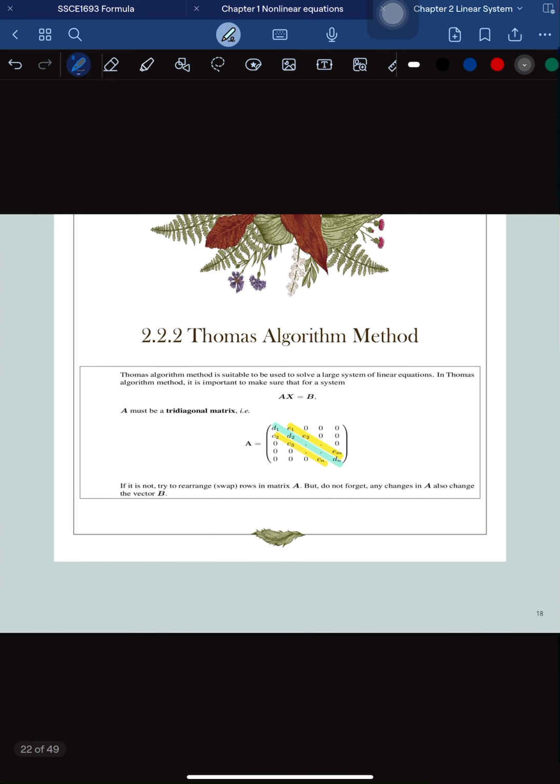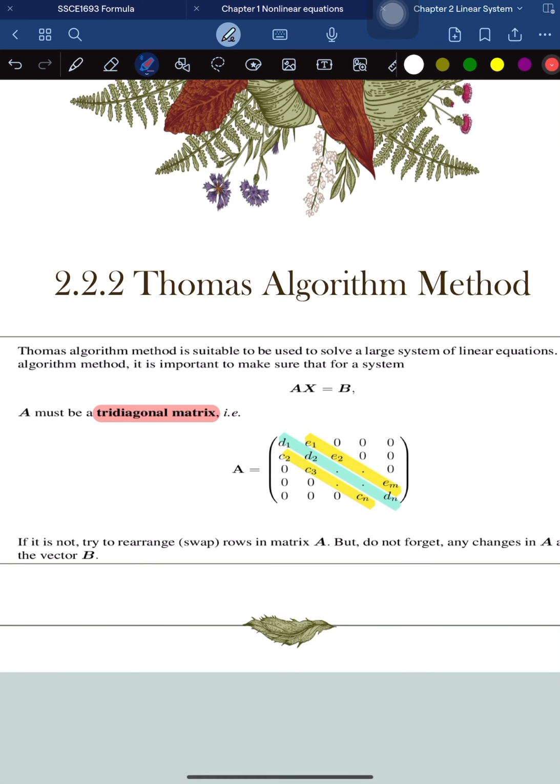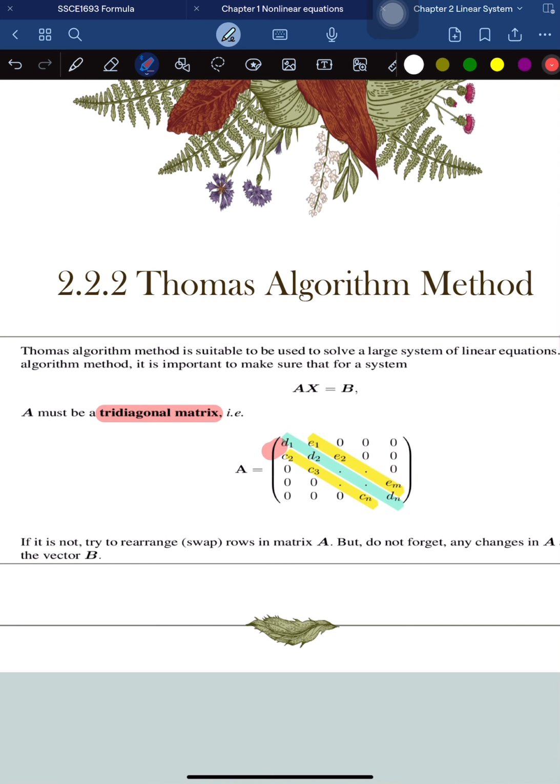Okay, so now the Thomas algorithm method. For the Thomas algorithm method, first of all, your matrix A must be in a tri-diagonal matrix. So only at these three diagonals have the value.